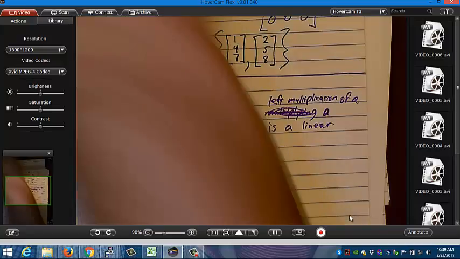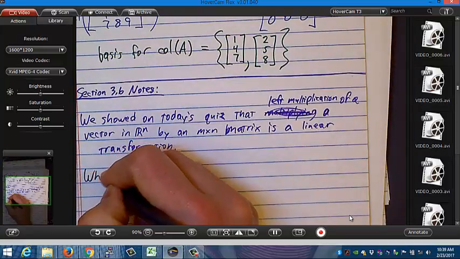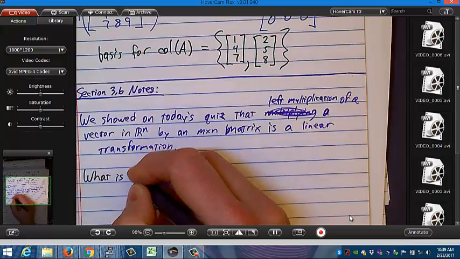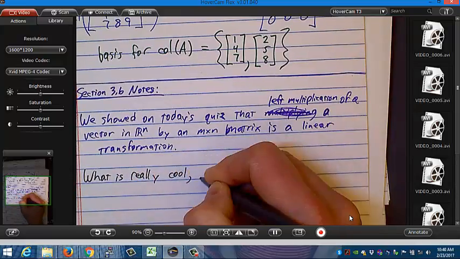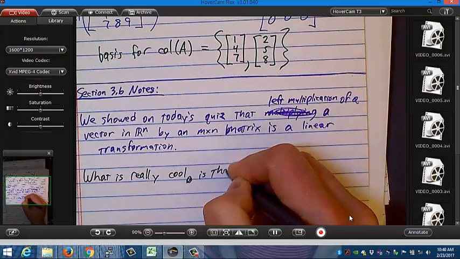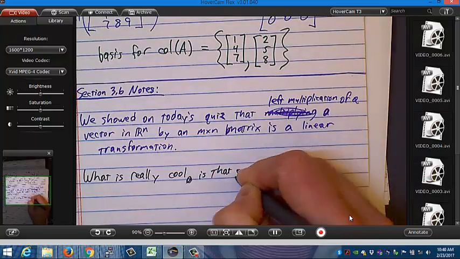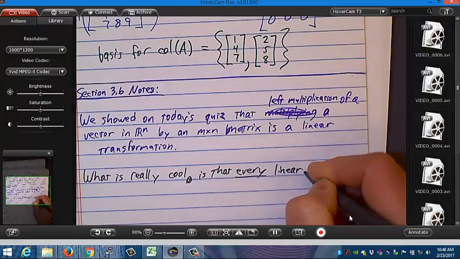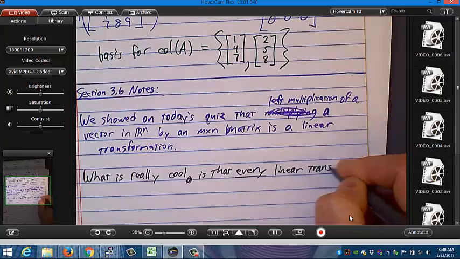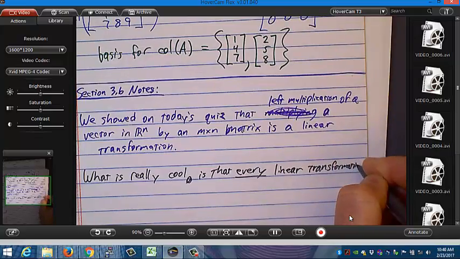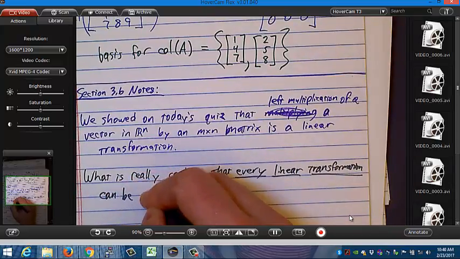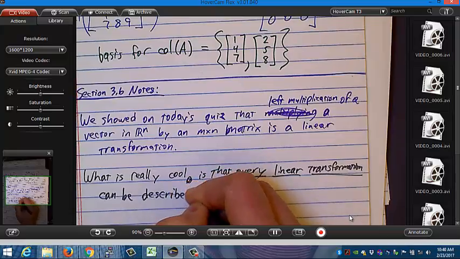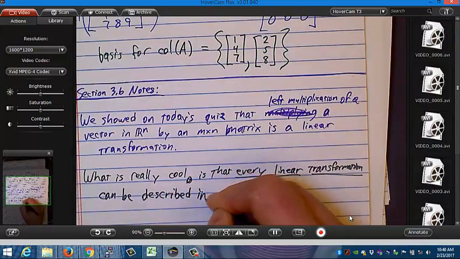And then what I've been trying to get at is this. What is really cool is that every linear transformation you can think of, any map that follows those two rules, every linear transformation can be described in this way.